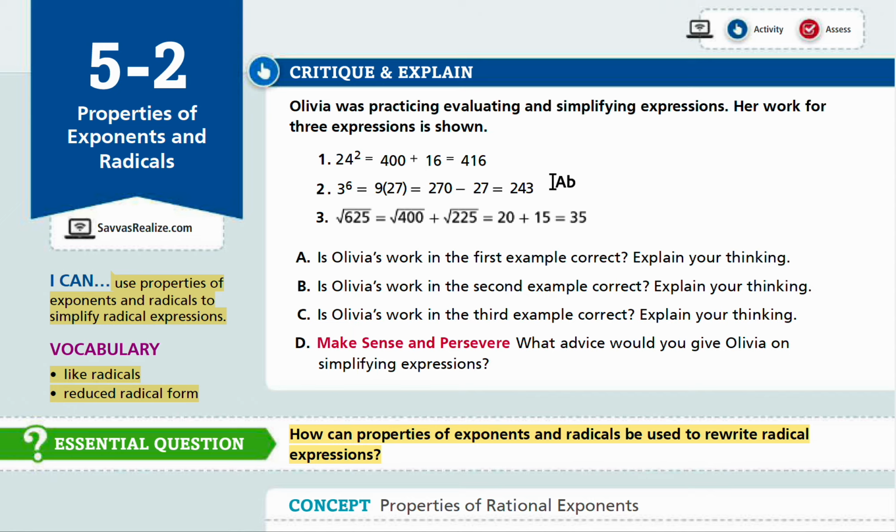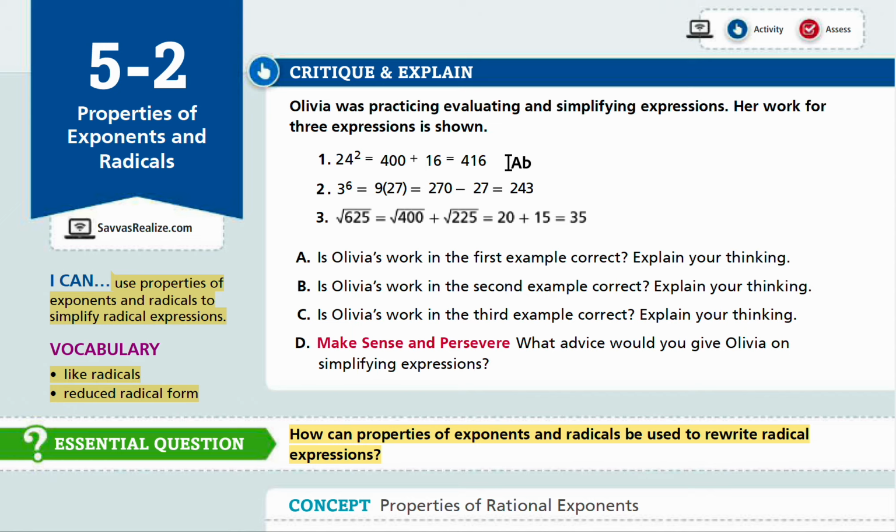So that would be 243. Is that correct? And then let's look at the last question. Square root 625 should equal root 400 plus 225, and that's equal to 20 plus 15, and that's equal to 35. Is that correct?